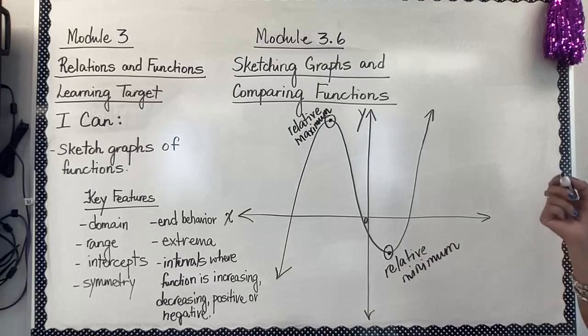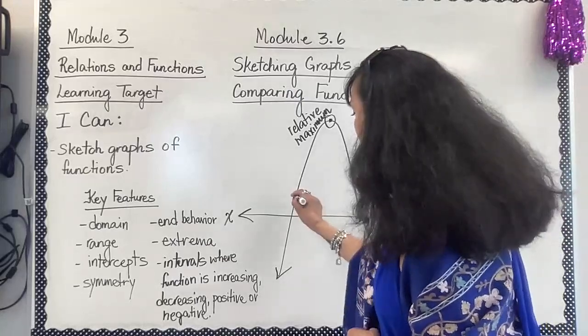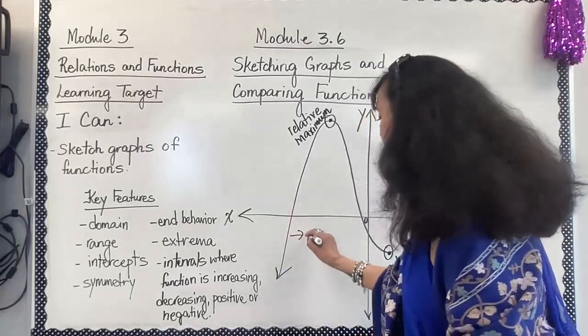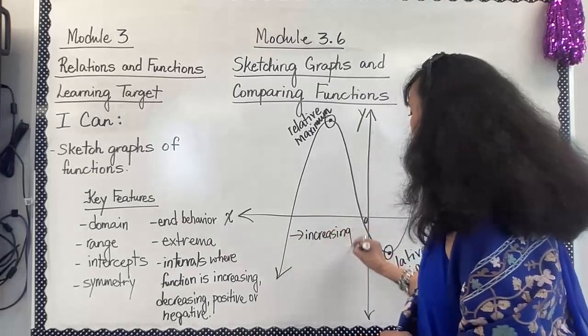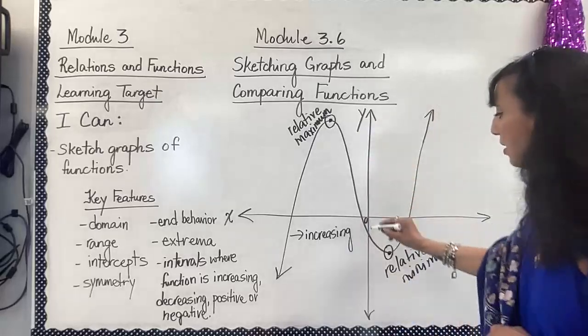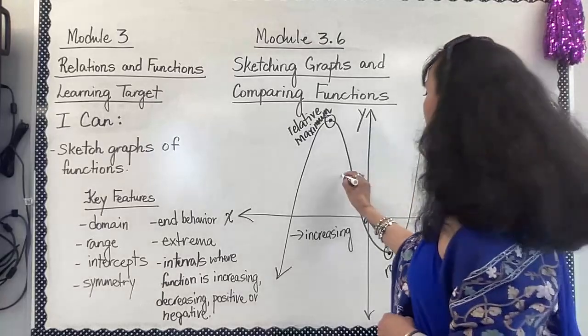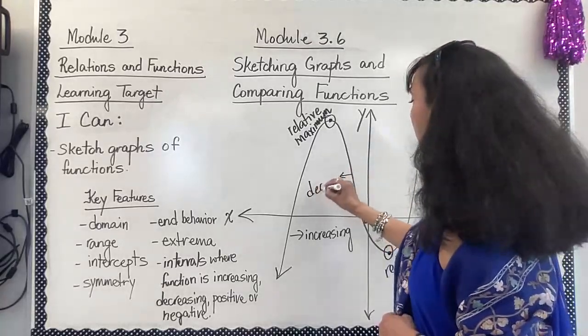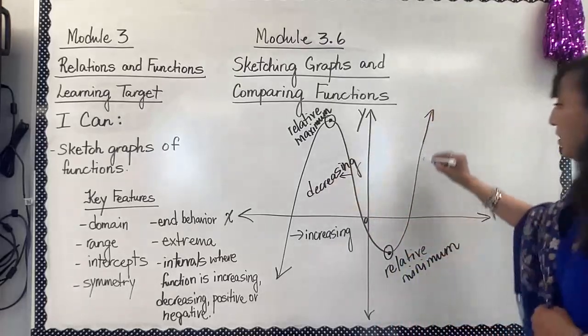Where is my graph increasing? It's increasing here. And then what's happening here? This is decreasing. And then once again, what do I see on this side?